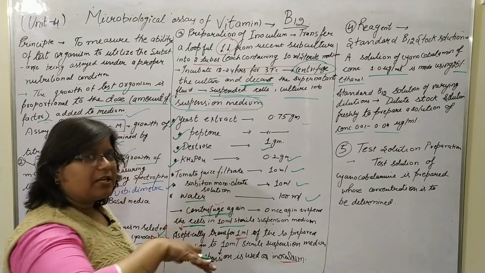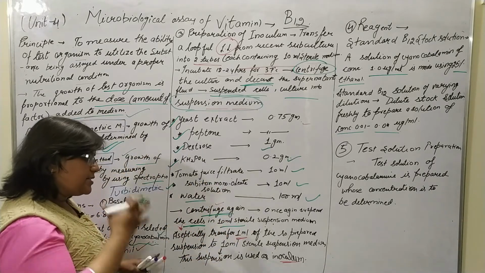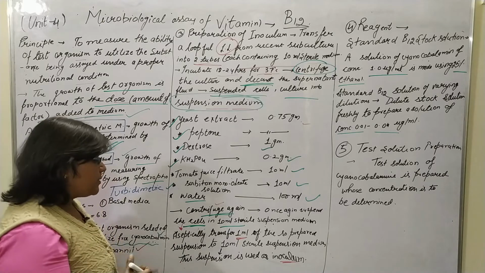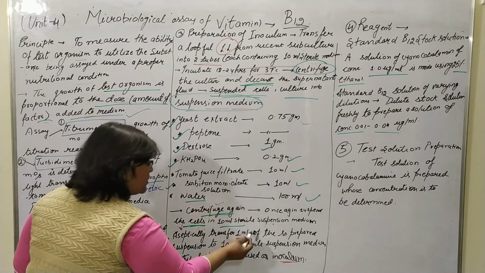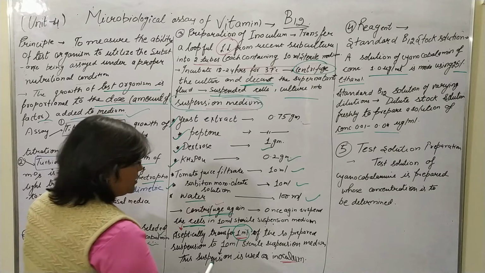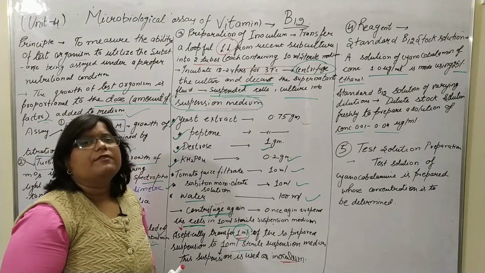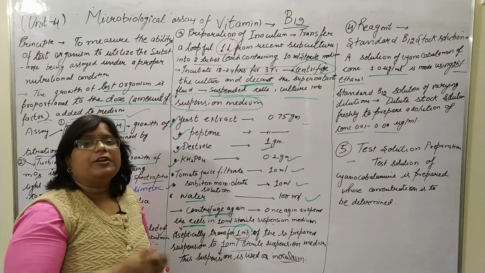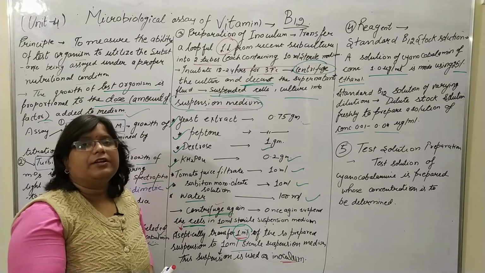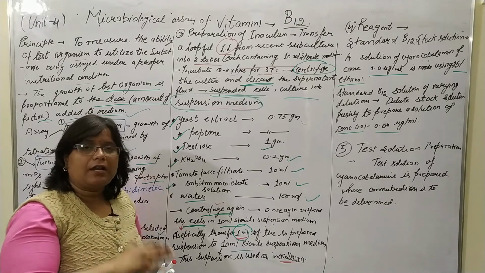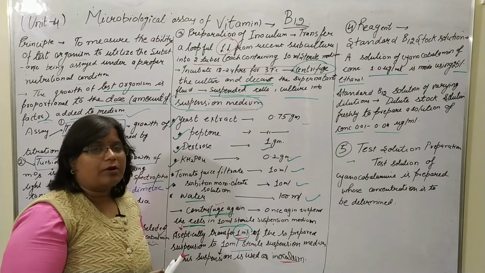Now, aseptically transfer 1 ml of the preparation into another 10 ml sterile suspension. Why are we doing this? We do this to remove all the other content, because we want just the test microorganism.